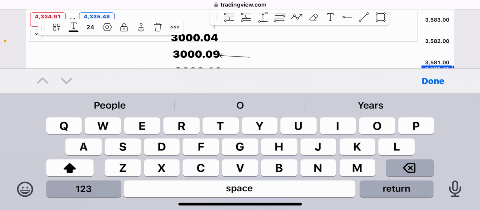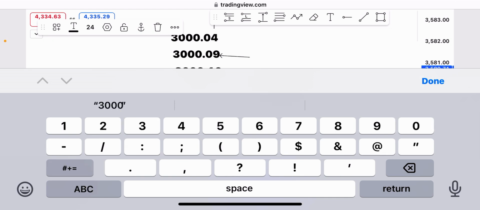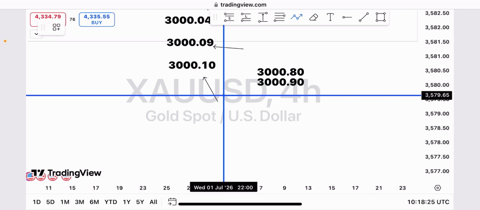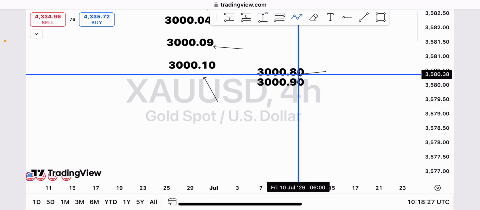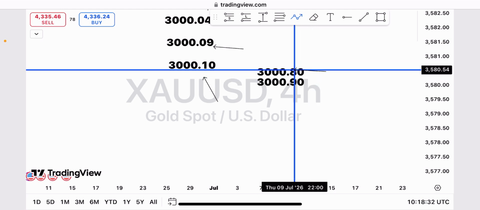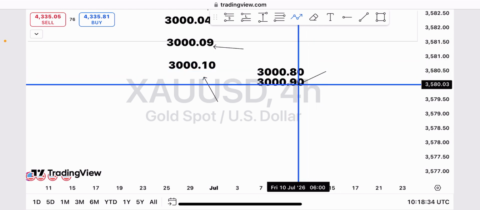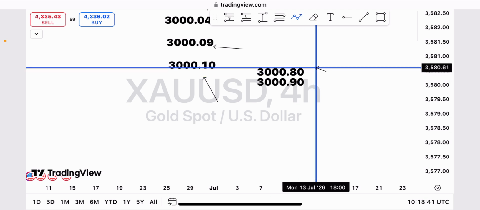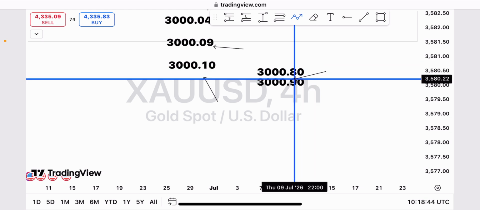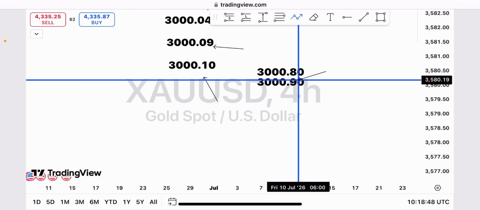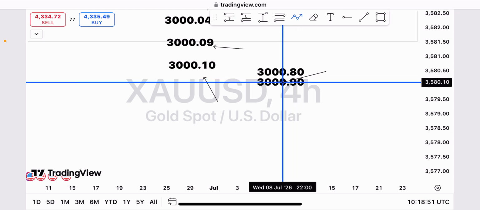Now let me shift to the other side here and give you another reading. 3000.80, 3000.90. Now this market moved by 8.0 pips, making it 8 pips. It moves to 9.0 here, giving us 9 pips. If this 9 pips should increase by 1, this here will remain 0, and the 1 will affect this one.